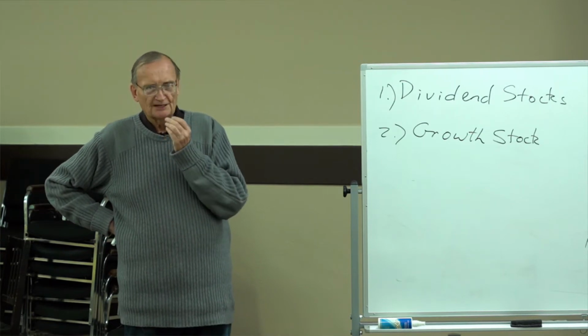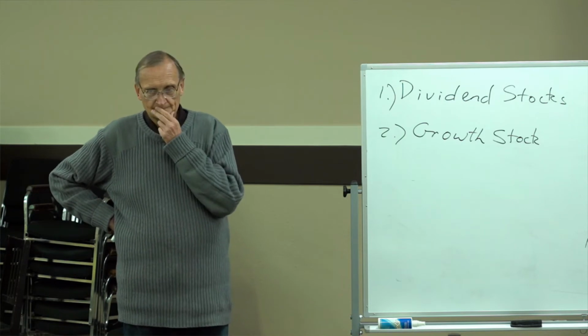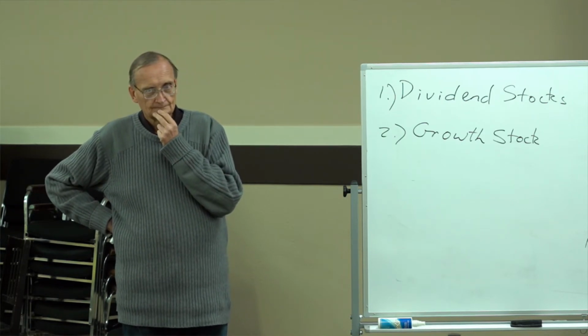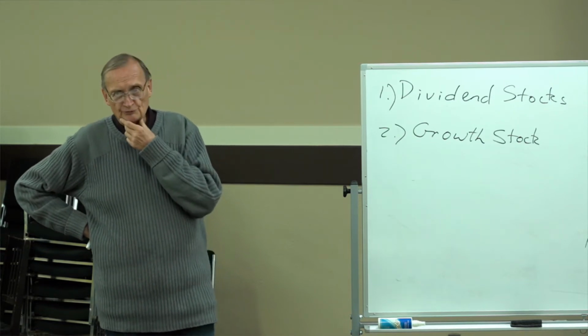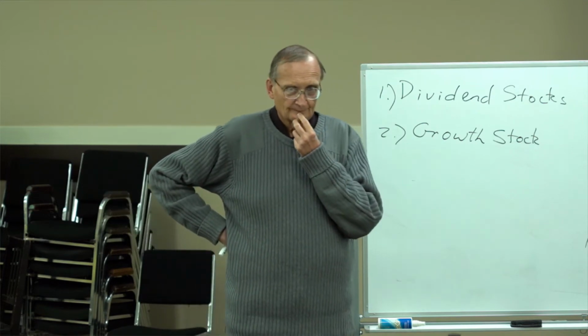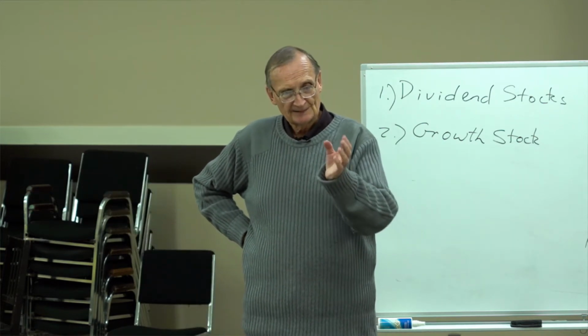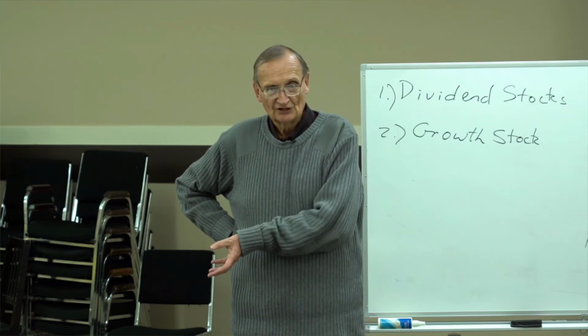It probably pays low or no dividends, but uses the money for retained earnings. So instead of paying the dividend, they keep the money in retained earnings and use it for investment.